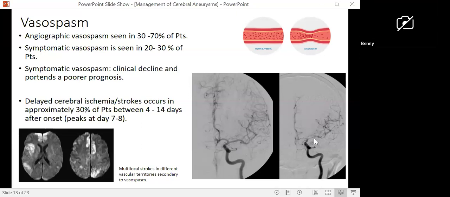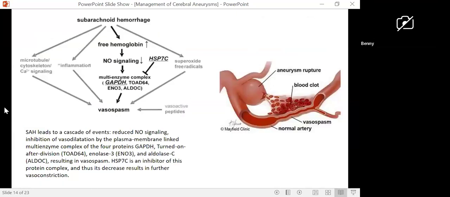There are medications we can give or procedures we can do to reduce this spasming, because we don't want this to occur, right? If you survived your initial aneurysm rupture, this is a potential next bad outcome, having multiple strokes everywhere from it. And the reason for vasospasm is the subarachnoid blood, as it goes into the subarachnoid space and gets broken down, it causes irritation of the blood vessel, leading to spasm.